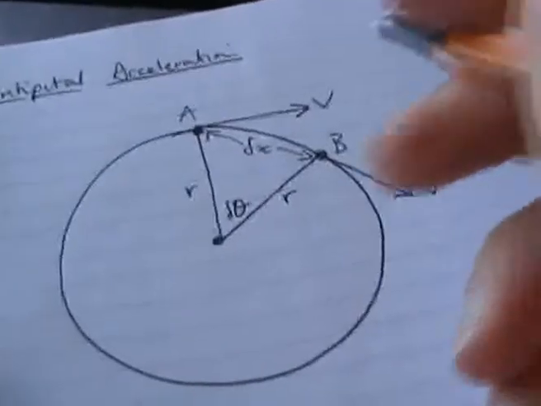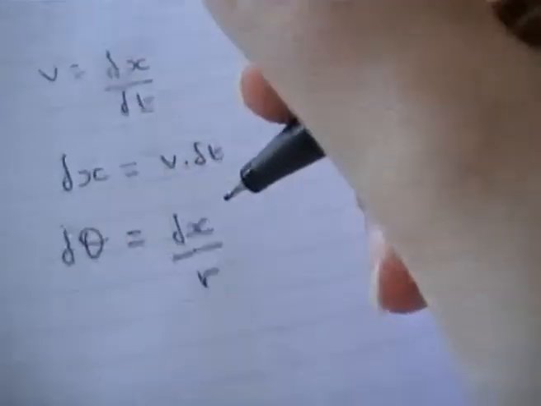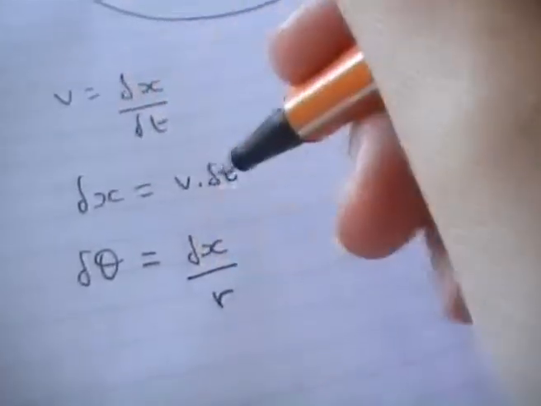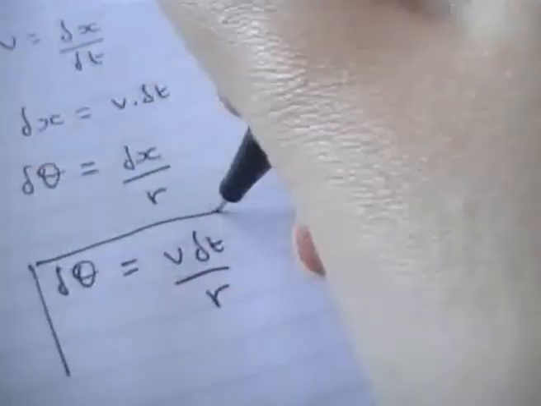So in this case the arc length is delta x, but remember that's so small that it's a straight line, so that's delta x divided by r. But we know that delta x equals v delta t, so let's sub that into here. So now we have a new expression for delta theta: delta theta equals v delta t over r, and this is going to be equation 1.